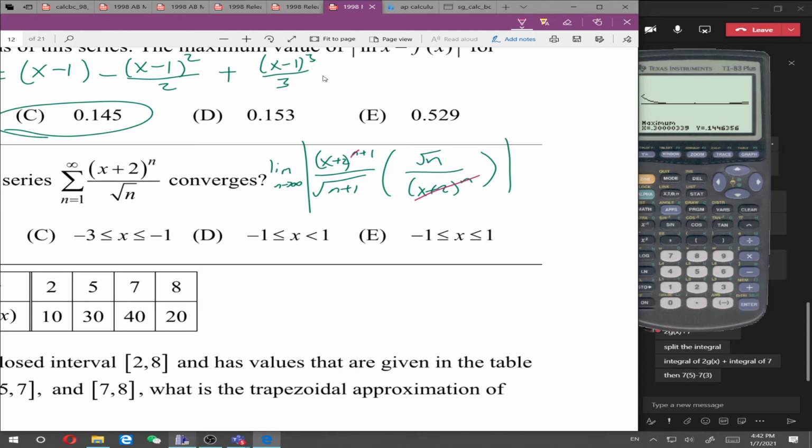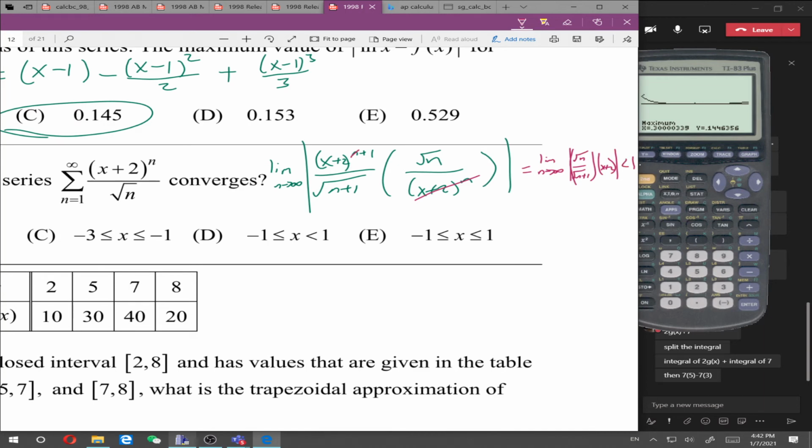All right. So that leaves me with the limit as n approaches infinity of the absolute value of root n over root n plus 1, and I'm going to multiply by x plus 2. And this needs to be less than 1.